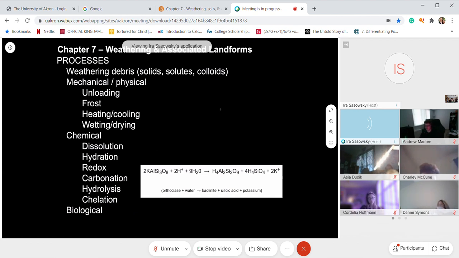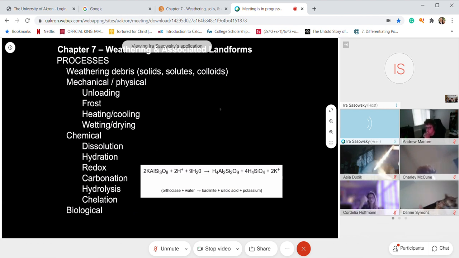So it's taken the water into the structure. That causes an increase in volume because it's got this water absorbed now, and that actually can drive mechanical weathering as it sort of wedges apart beds and so forth.